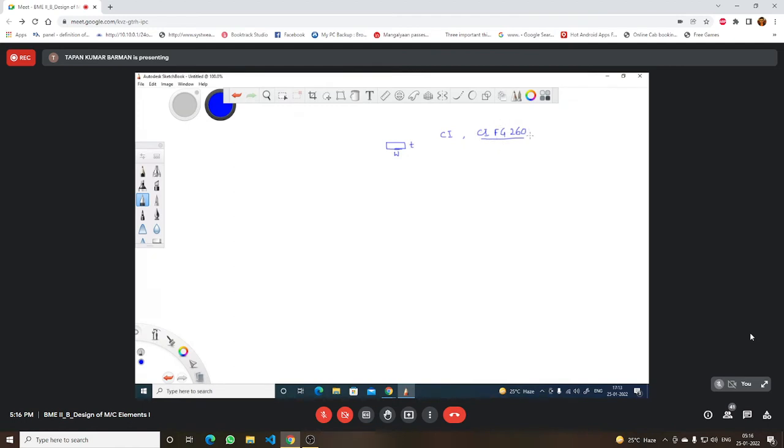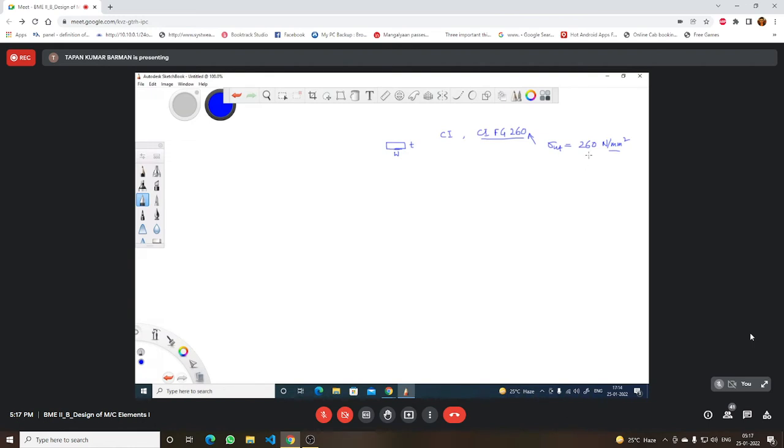But right now, I can say this 260, this number is called tensile strength of the component. So if the material is written like this, CI FG 260, CI FG 220, the numbers provided here are basically the minimum tensile strength of the material.